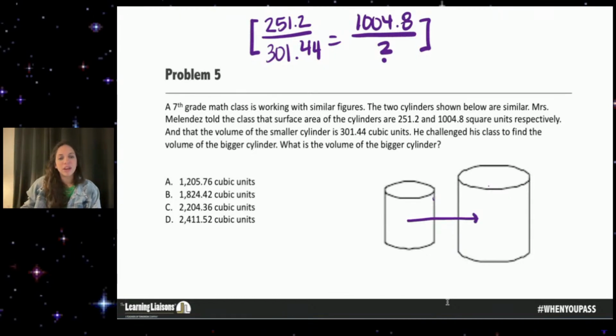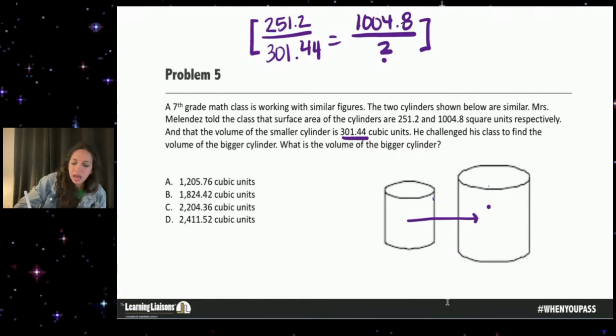The scale ratio between those is not the same. So then what in the world am I going to do? Well, I have to figure out what the linear ratio is, and then use that to figure out what I need to multiply this by to get to this.